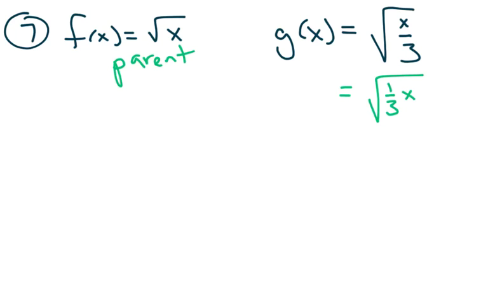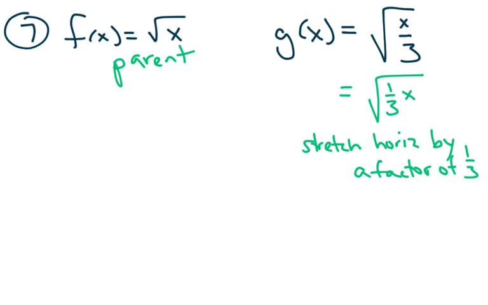When it's inside the radical, we say that it either stretches or compresses horizontally. When a is between 0 and 1, we say that it stretches horizontally by a factor of 1/3. And nothing else is happening to the original parent function.